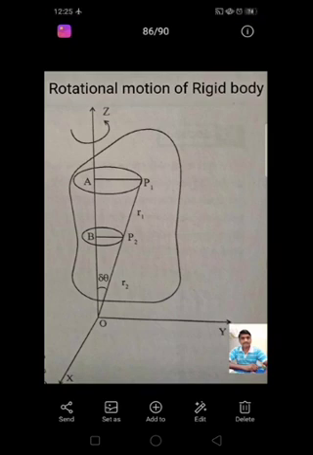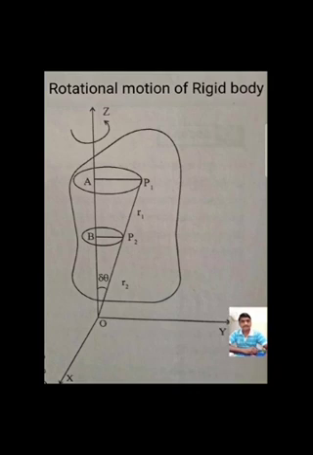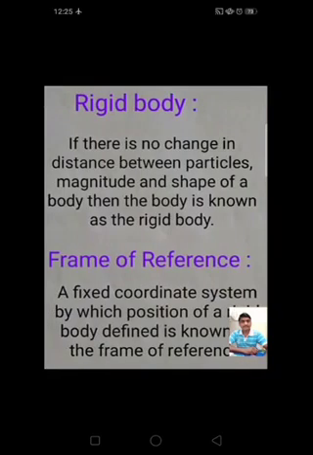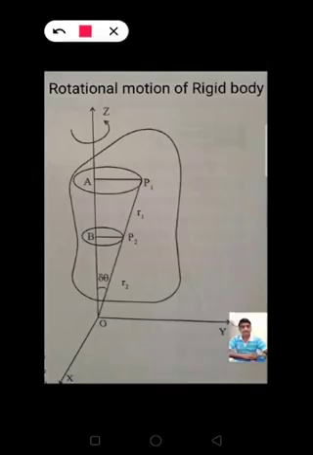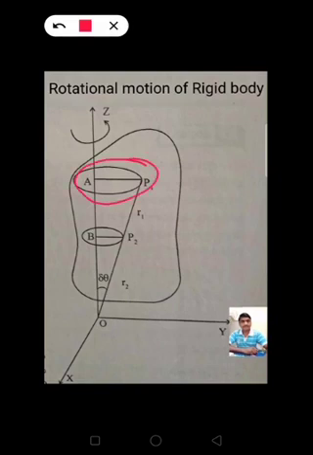We call this plane rotation or two-dimensional rotation. All the particles revolve or move around the axis of rotation. So this type of motion of particles around the axis is known as plane rotation or two-dimensional rotation.